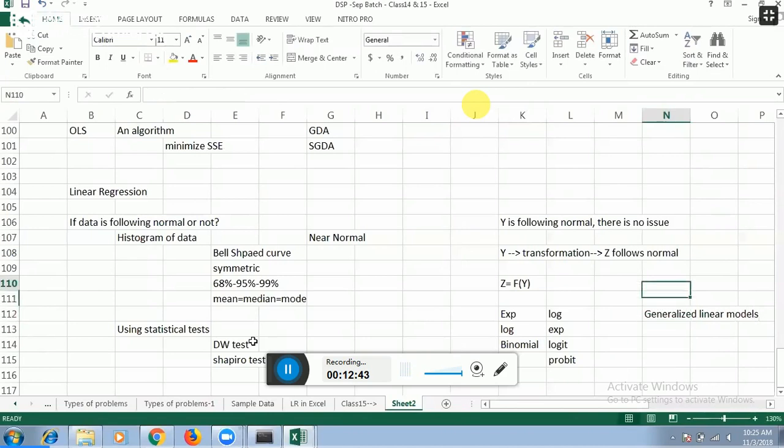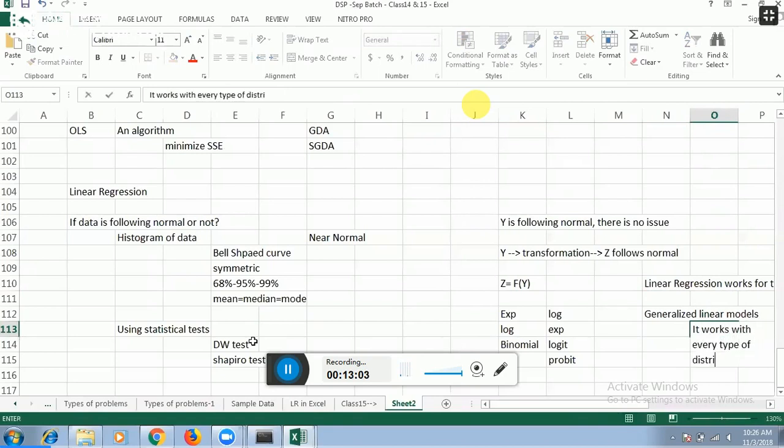So linear regression works for what? For data which is normal. Generalized linear models, what does it mean? It works with every type of distribution where you can convert y into a normal distribution.